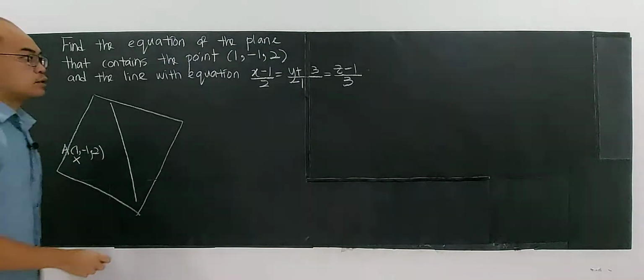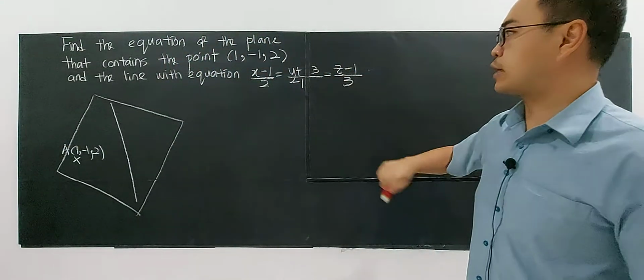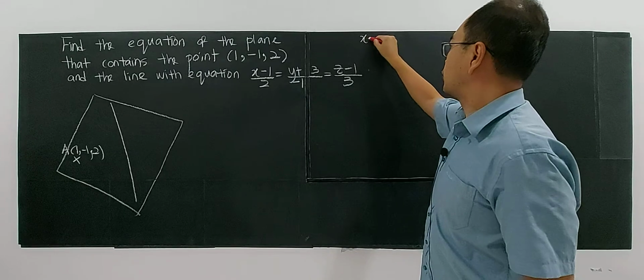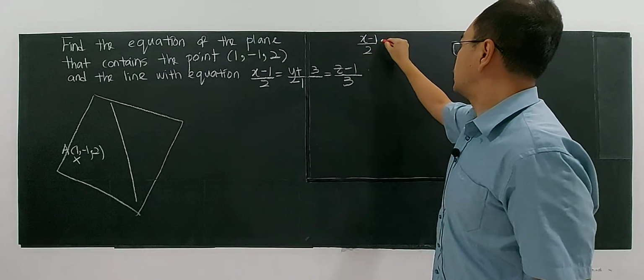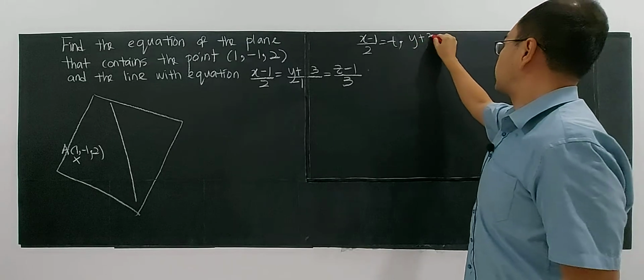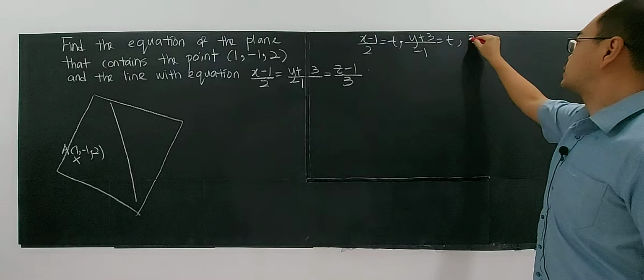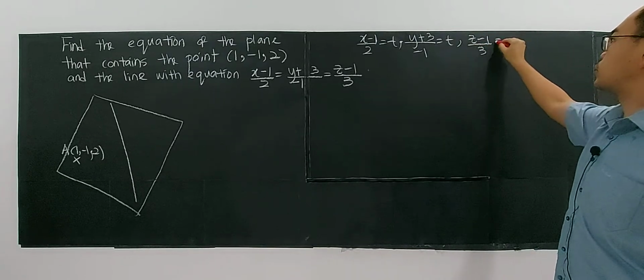All right, so for this line, I usually ask students, because the direction vector is very important, to convert this to vector form or parametric form. y plus 3 over -1 equals t, and z minus 1 over 3 equals t.